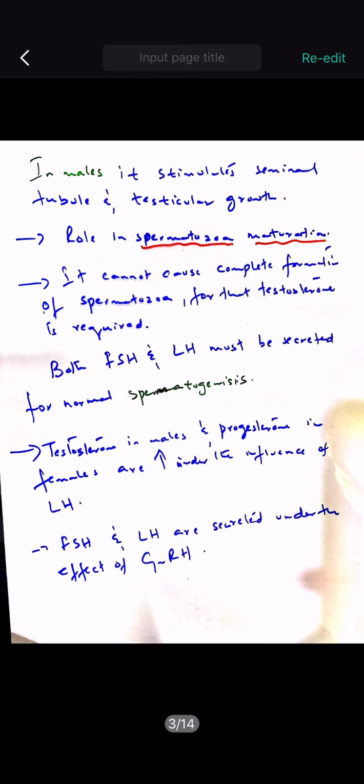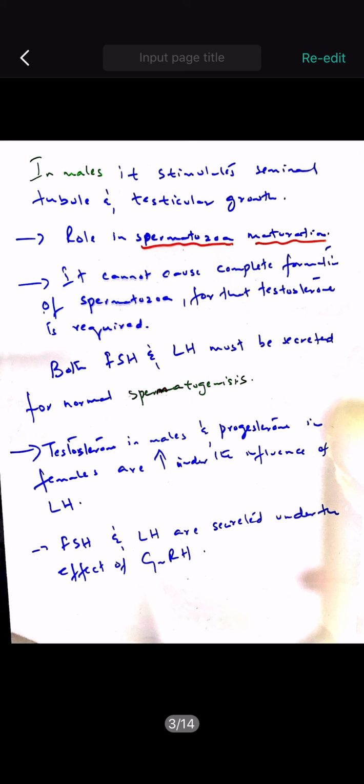In males, it stimulates seminiferous tubule and testicular growth, and it also has a role in spermatozoa maturation. It cannot cause the complete formation of spermatozoa because for that you also need testosterone. So both FSH and LH must be secreted for normal spermatogenesis.